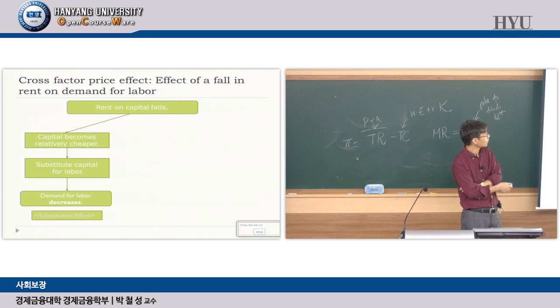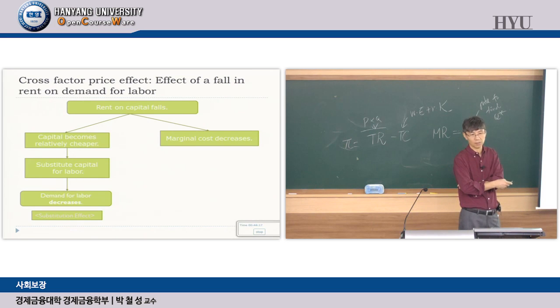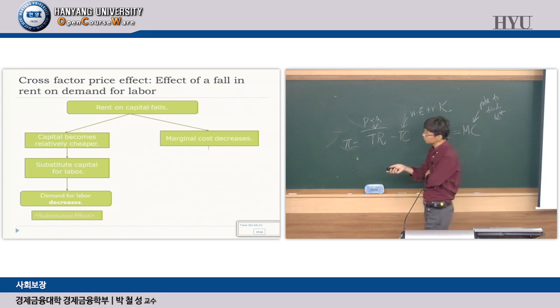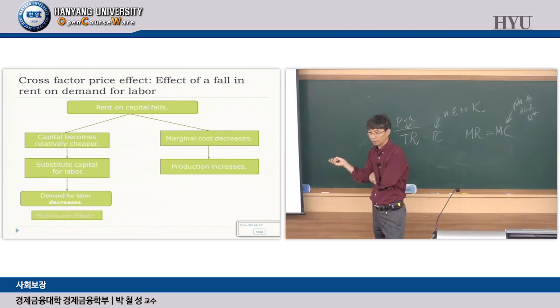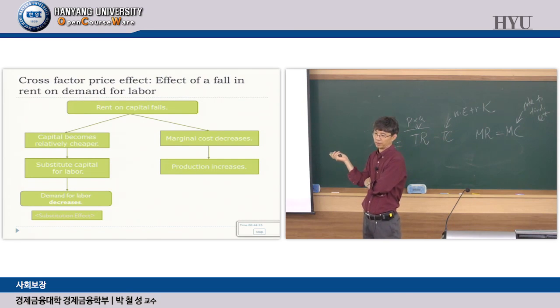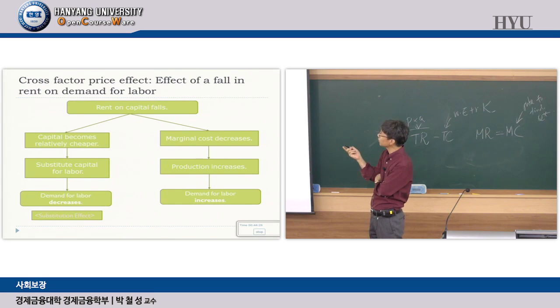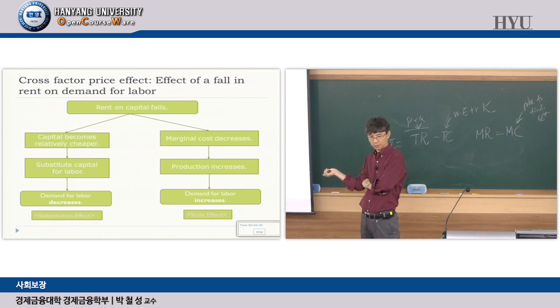So this is the substitution effect. The rent on capital falls, so the marginal cost of production decreases. So their desired output will increase. To produce more, they will use more capital, but they also have to use more labor. If we think of only this output part, we call this the scale effect.